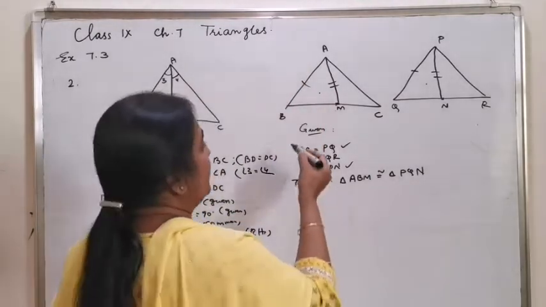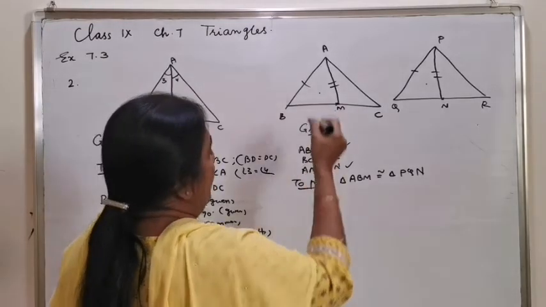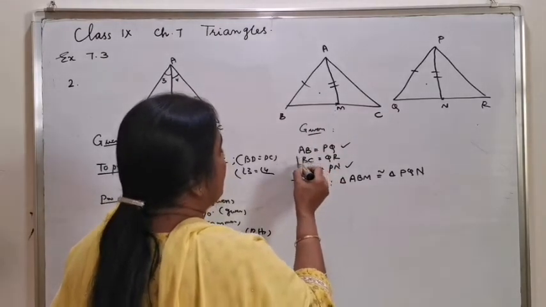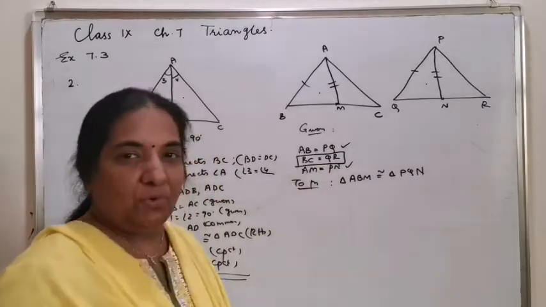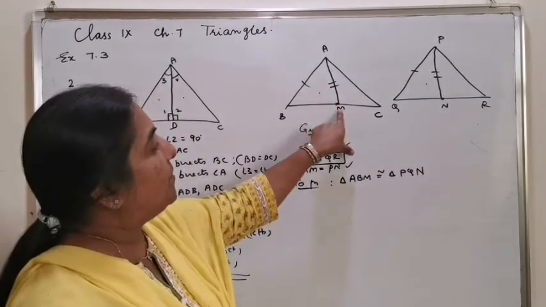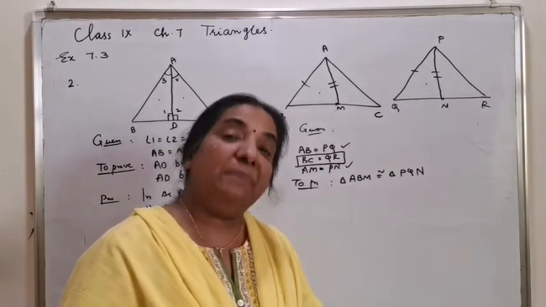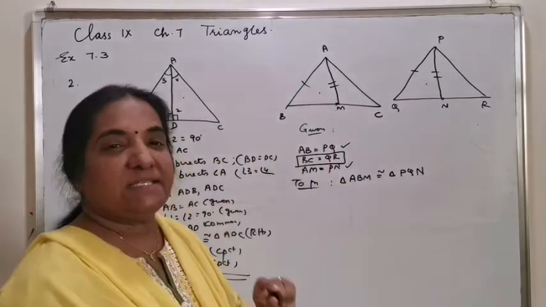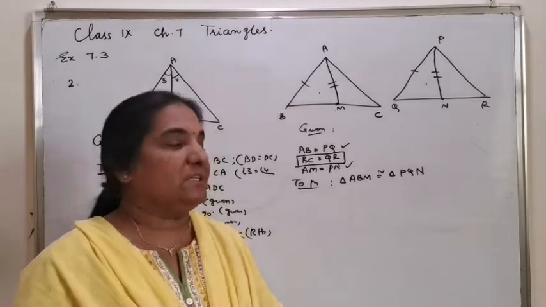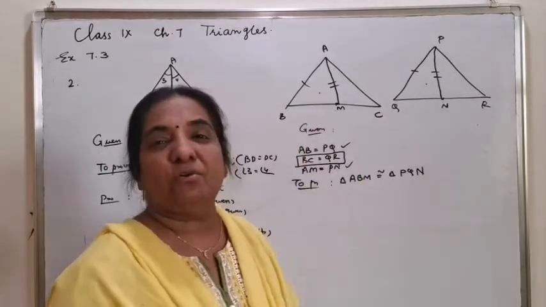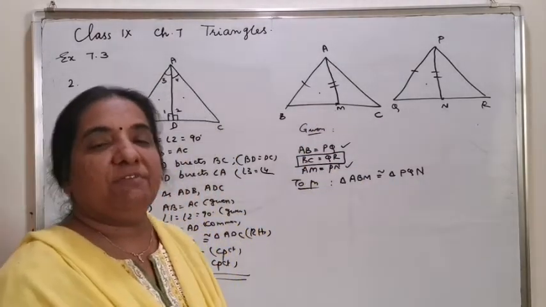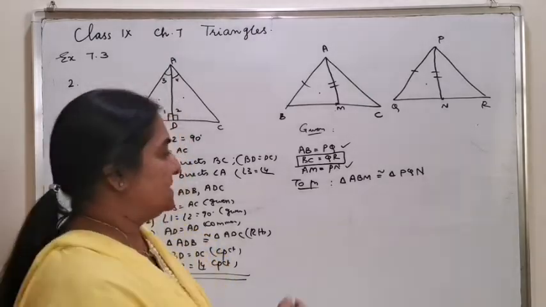Now, BC is equal to QR we know, and what are points M and N for BC and QR? They are midpoints. Since these two sides are equal, if you take half of it, the lengths of BM and QN are also equal. So, we will be proving this by SSS.